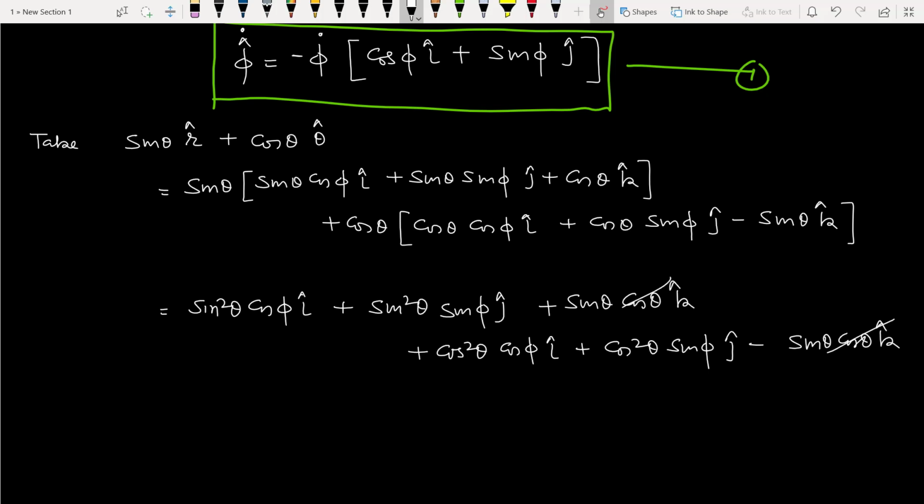So this term cancels out. Now look at these two terms. Cos phi i cap, sin square theta plus cos square theta, which is equal to 1.